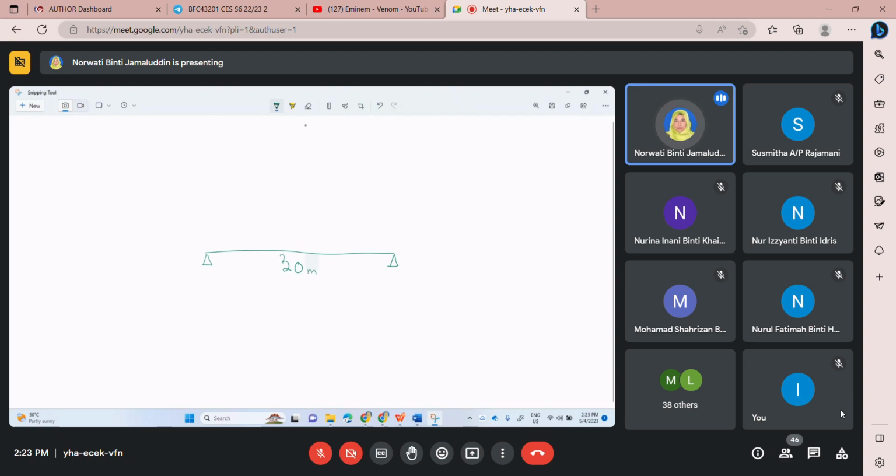For a long truss, of course, I don't think you need a slope truss. Instead you can use a flat truss, because this is like a beam. If you need a longer beam, you can use a truss system to be your beam.